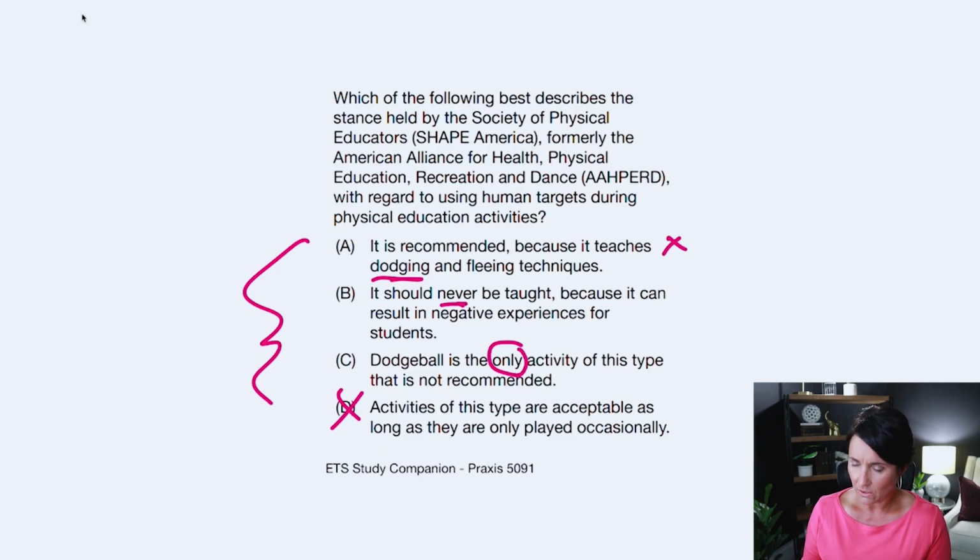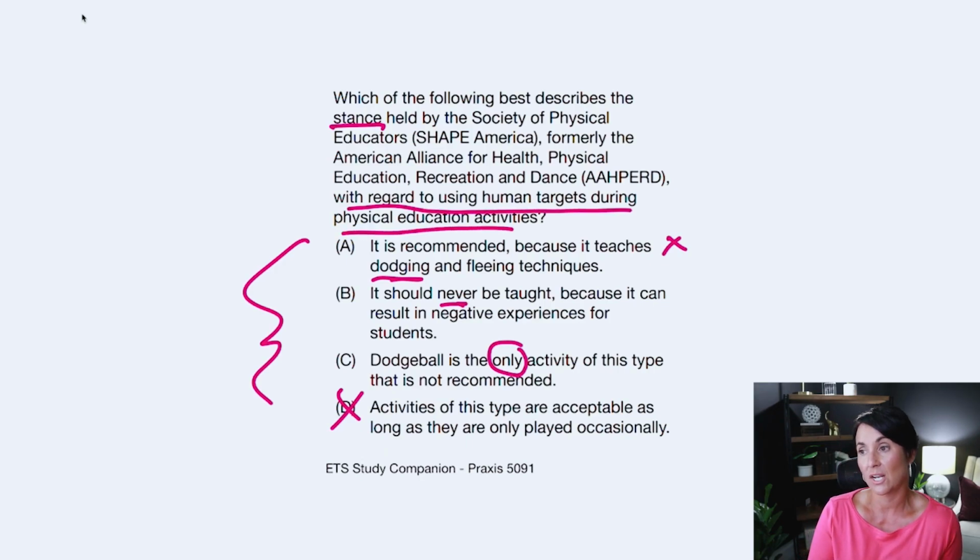So let's take a look at the question. Which of the following best describes the stance held by the Society of Physical Educators, SHAPE America, formerly the American Alliance for Health, Physical Education, Recreation, and Dance, with regard to using human targets during physical education activities? So we're asking which of the following describes the stance of these associations with regard to using human targets during physical education activities?